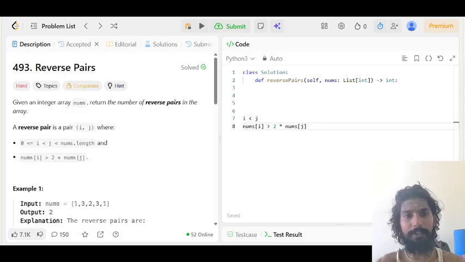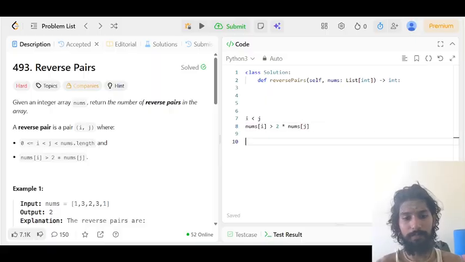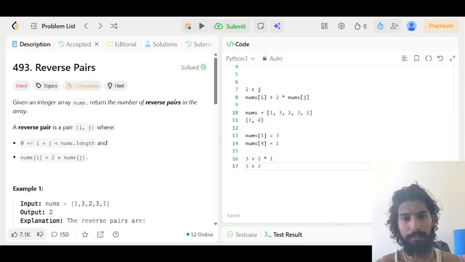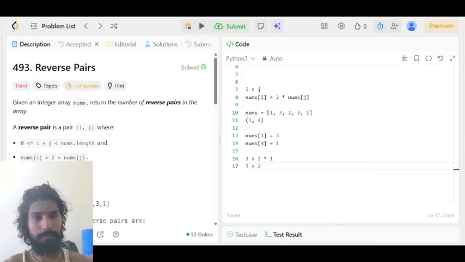Let us understand with an example. Let's take nums equals 1, 3, 2, 3, 1. The valid reverse pairs are (1, 4), that is index 1 and index 4. This is because nums[1] equals 3 and nums[4] equals 1, and 3 is greater than 2 times 1, 3 greater than 2.